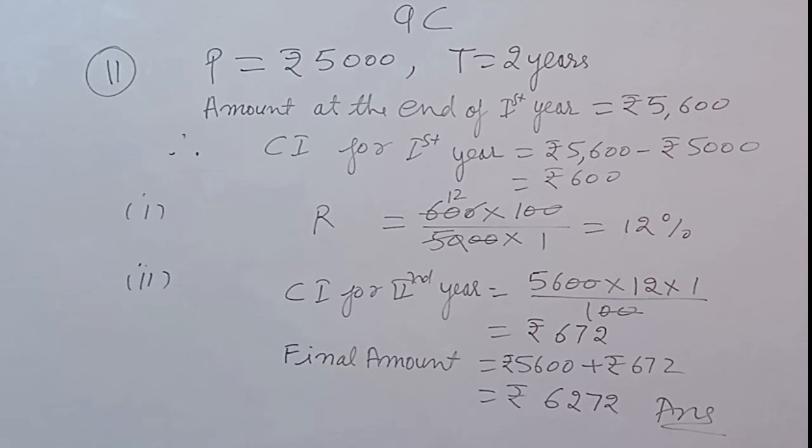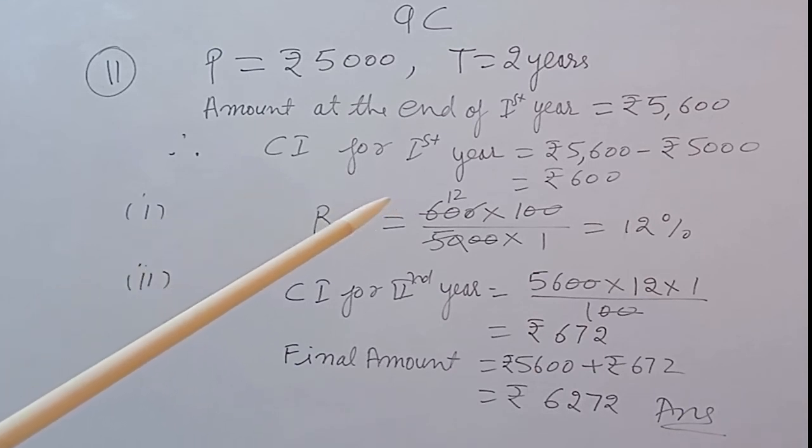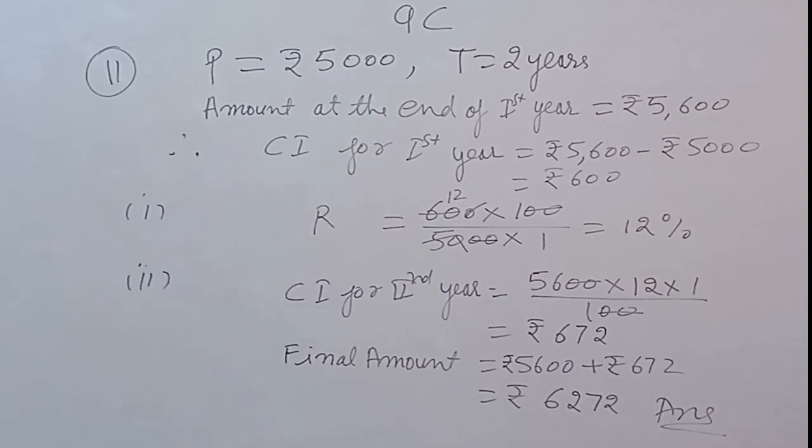So the rate of interest we will calculate with the help of this. R equal to CI for the first year into 100 upon principal of the first year, that is 5,000 into 1. So 600 into 100 upon 5,000 into 1, that is 12%. So CI for the second year, how will you find out?